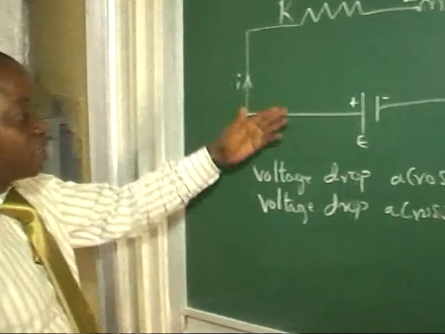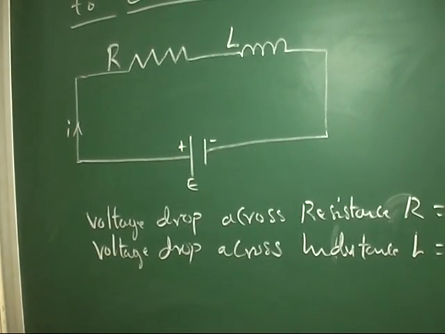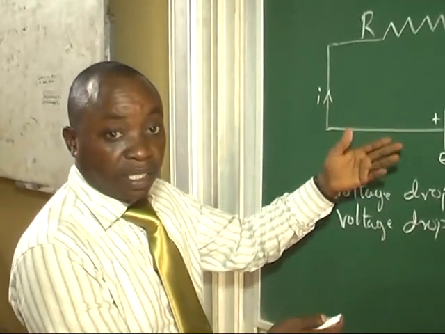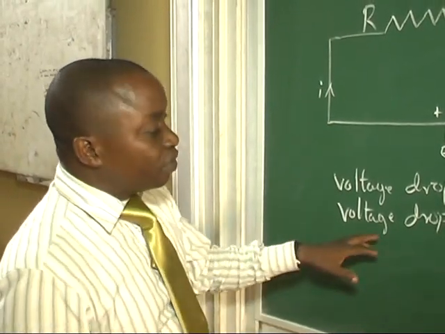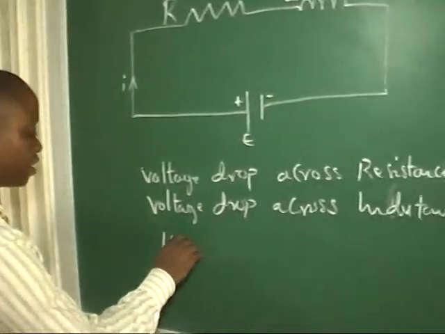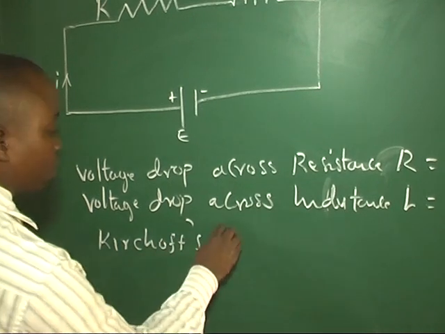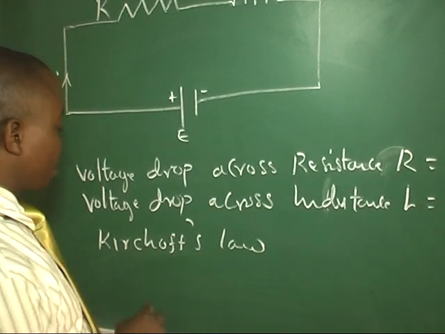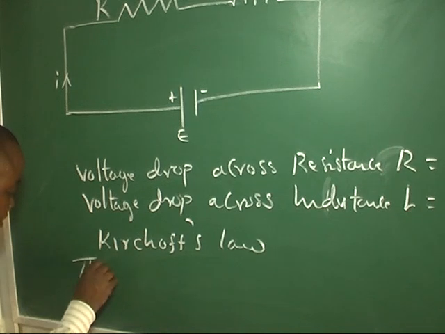We don't have a capacitor here, but even if we had a capacitor, we would also apply it. It's only these two that we are considering. Then what again we need to know is Kirchhoff's law of voltage, which is very important.